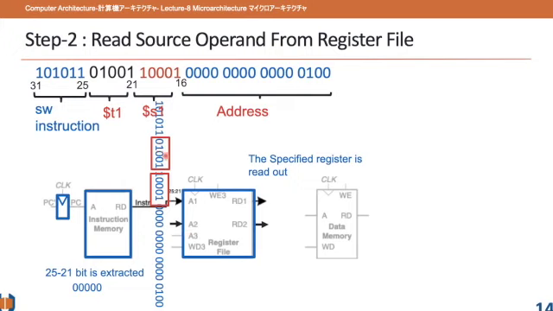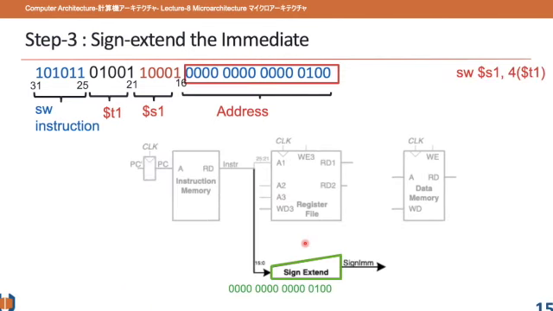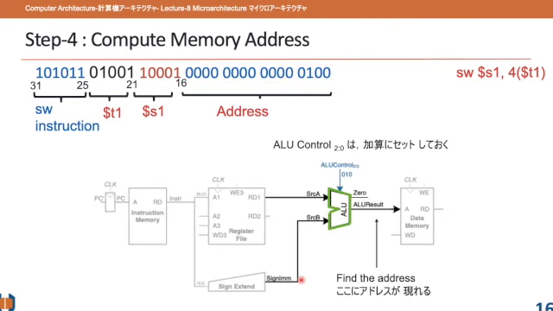Here is the register operand used to calculate the memory address, and another operand that is the value to write from the register. The sign extend part takes the immediate and extends it to get the memory address, same as the load word instruction.